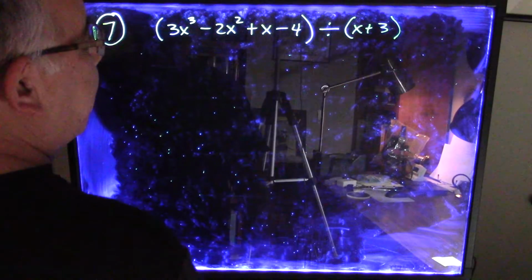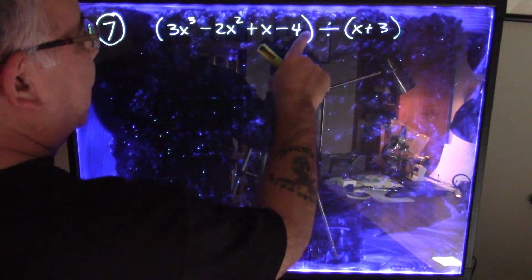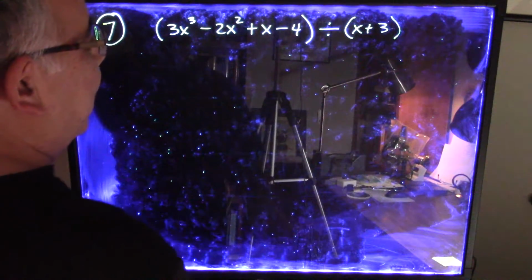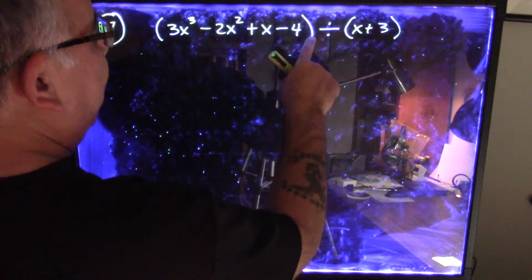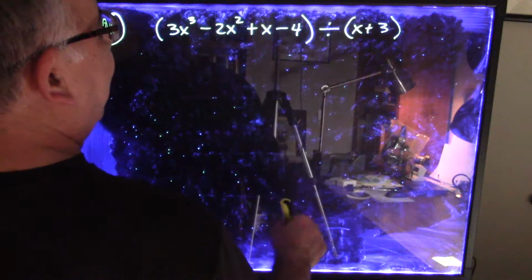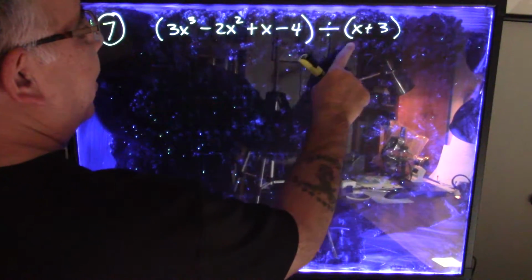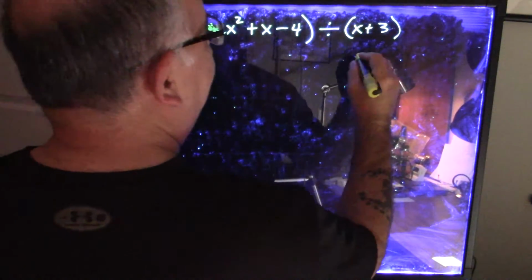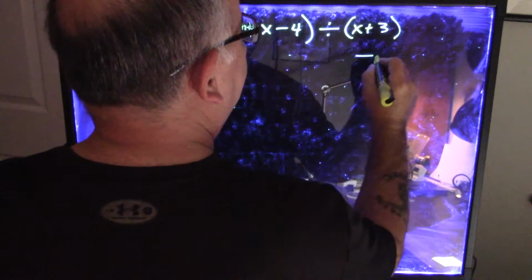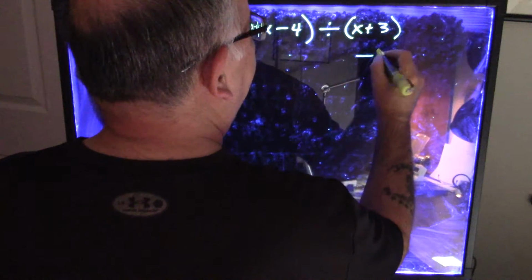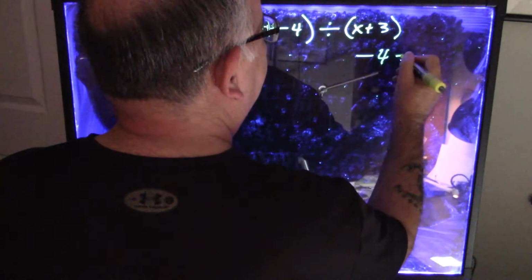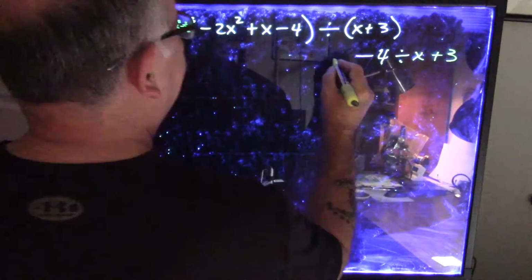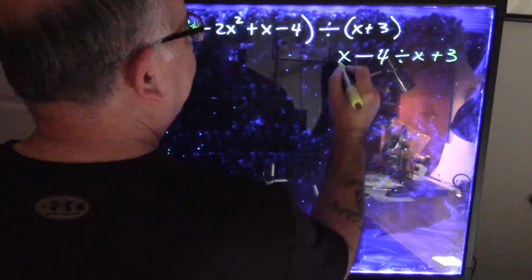By the way, the reason we're using parentheses should be clear to you by now, but just in case, if these parentheses were left off, you would have something that looks like this: minus 4 divided by x plus 3, and then you have an x over here.